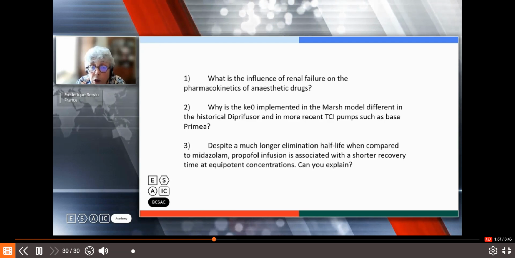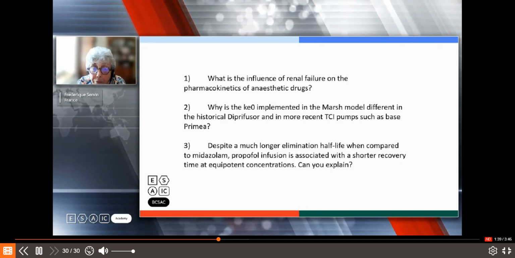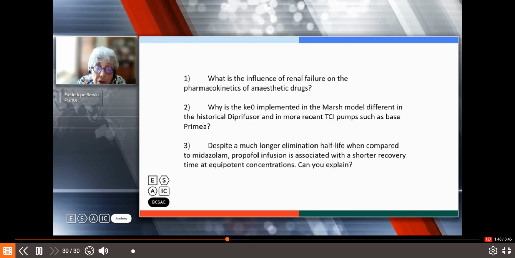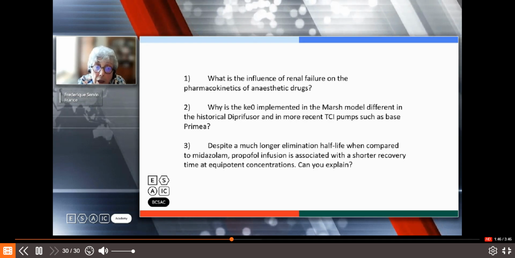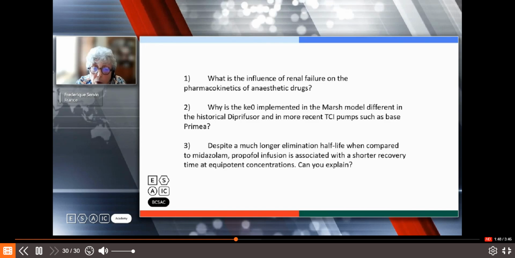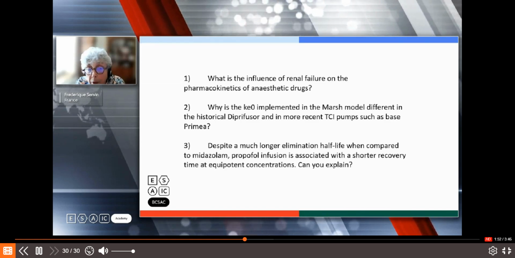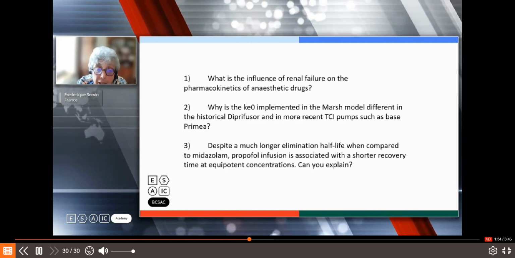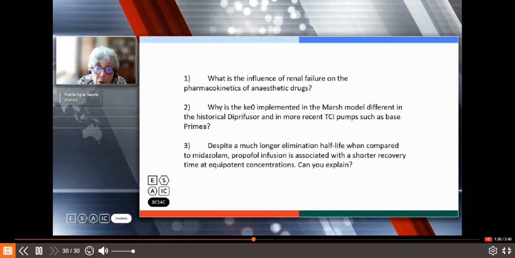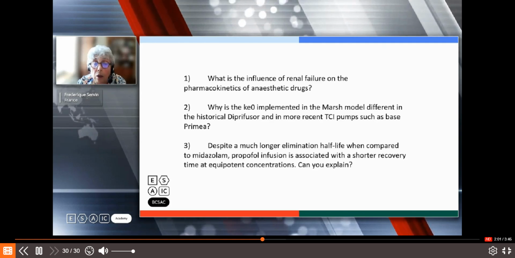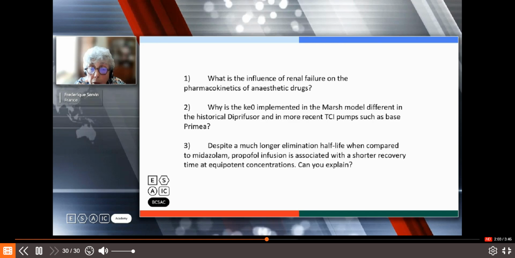So just to calculate an effect site concentration, Seneca introduced a ke0 which was taken from an abstract published by Jürgen Schüttler at the EASA meeting, where the ke0 was calculated in a non-compartmental way.